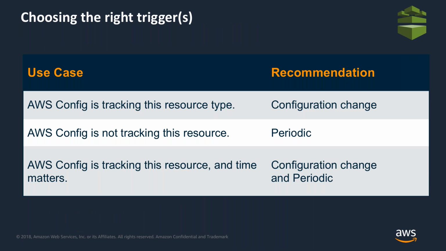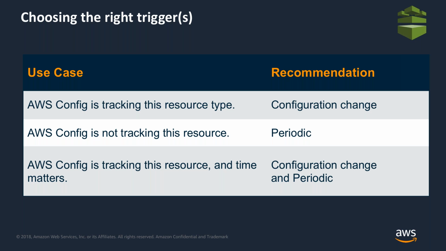Before we jump into designing and building config rules, it's best to give a bit of guidance on which trigger types to choose for your custom config rule. If AWS Config is tracking the resource, it's best and easiest to choose the configuration change trigger. If you recall, AWS Config supports 22 services. However, AWS actually has a lot more than 22 services, yeah?